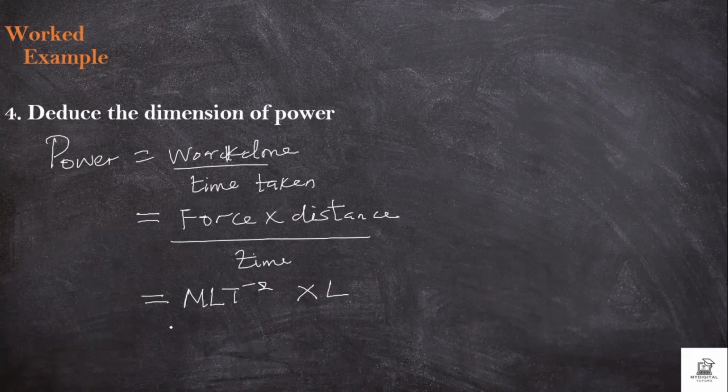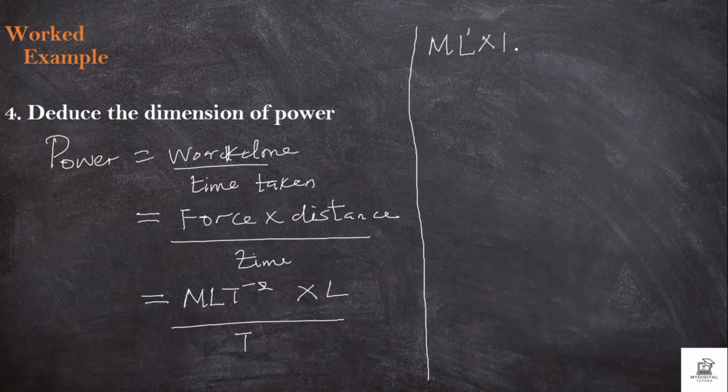L. Then all over dimension of time is T. So having gotten this, here I'm going to have M L raised to power 1. Remember, this is L, it shows that it's raised to power 1. Multiply by this L, which is also raised to power 1.